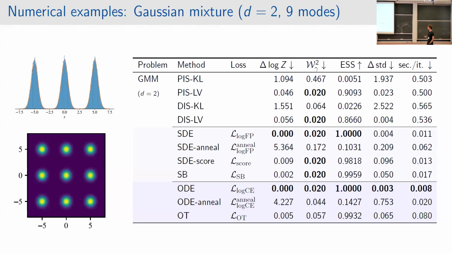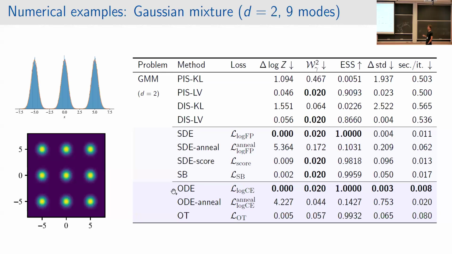So basically in this table, we show you a lot of numbers. This first section here is basically more or less BSDE-based methods, so trajectory-based methods, either using the KL divergence or the log variance divergence. This here is approached with the PINN loss for the SDE, so the stochastic dynamics, and this one is solved with the PINN loss using the deterministic dynamics.